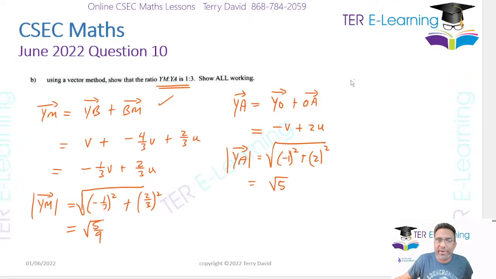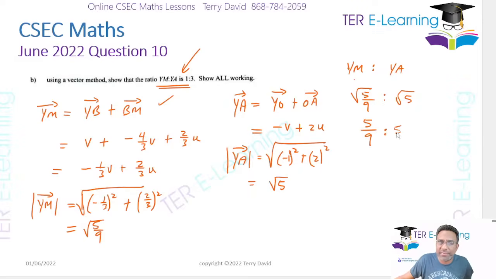So here's what we're going to write. They want us to show this, YM to YE. That's what we're trying to work out, the ratio of lengths. So YM, I'm getting root 5/9 to root 5. Now, if I want to get rid of the square roots, I'm going to square both sides, so I'm going to get 5/9 to 5.